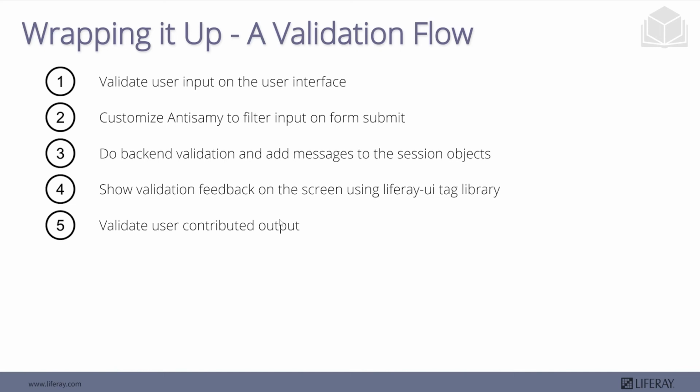So let's talk about everything that we have discussed so far. So feedback and validation kind of go hand in hand. So we can start off with the validation portion. And validation, first, we're going to take a look and check to see, is this okay on the client side?